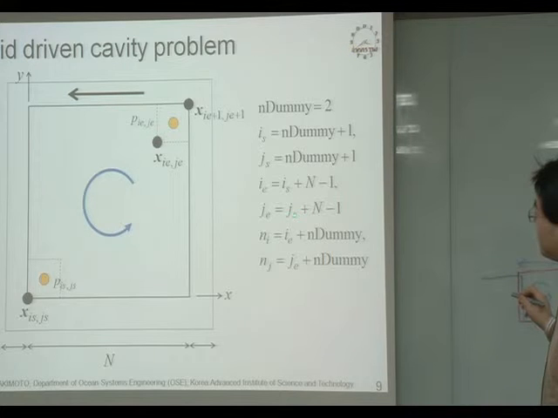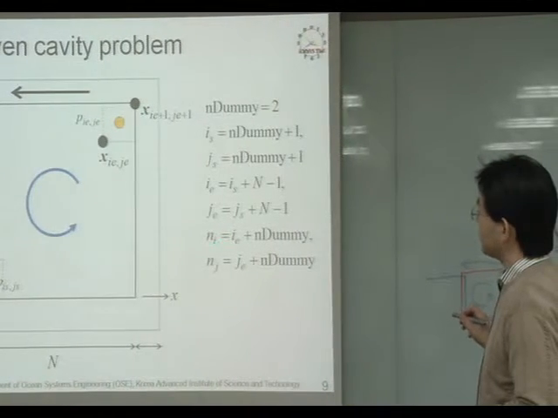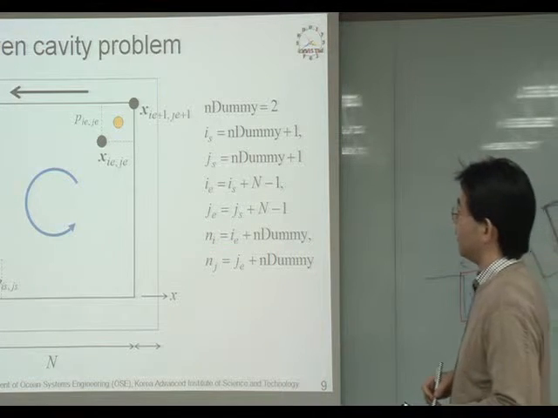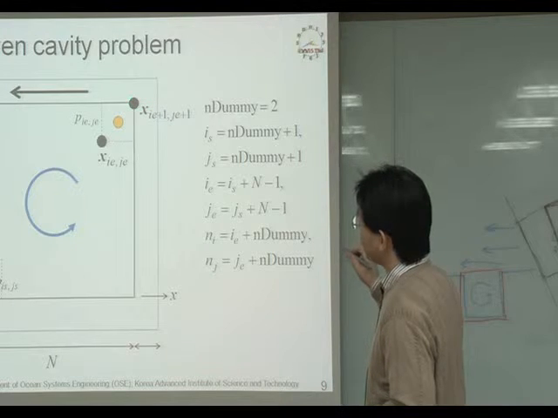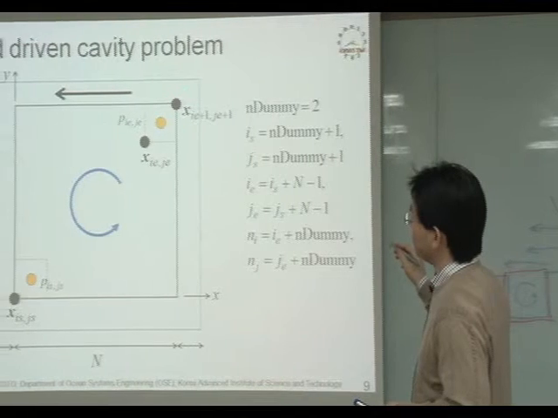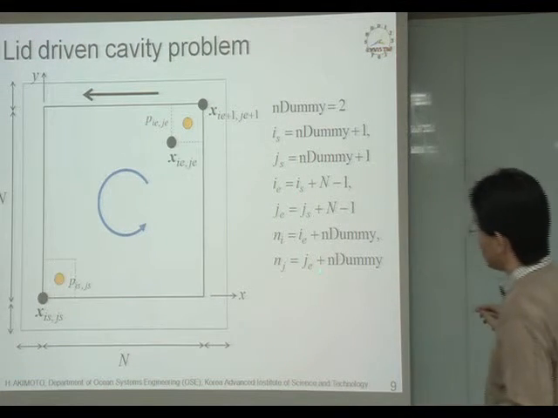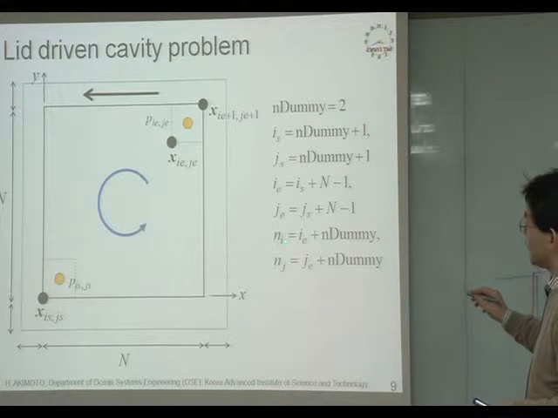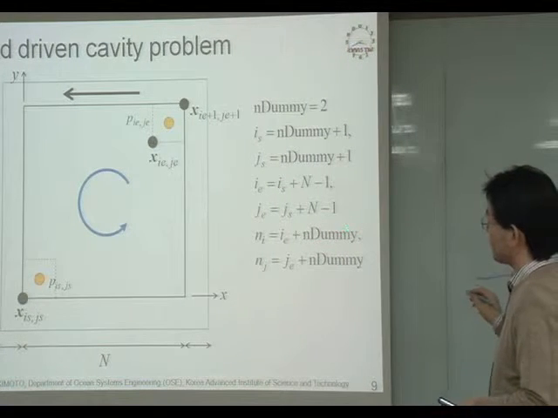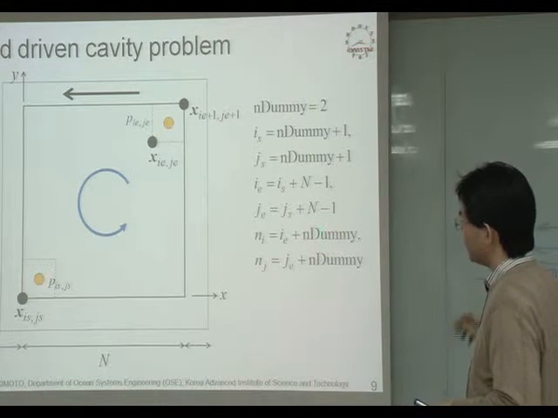So you can determine the IE and JE of the last control volume. It will be like this. And also you have to determine the last memory point of the array, because this one is the last point of the flow domain, but you have to provide dummy points. The last index of I is IE plus the number of dummy layers.